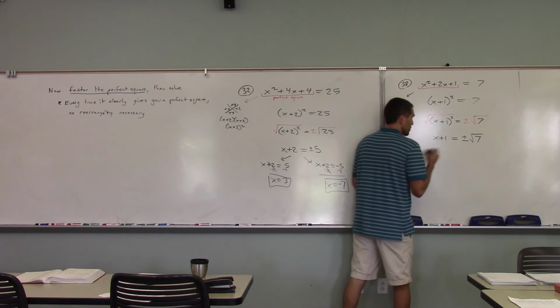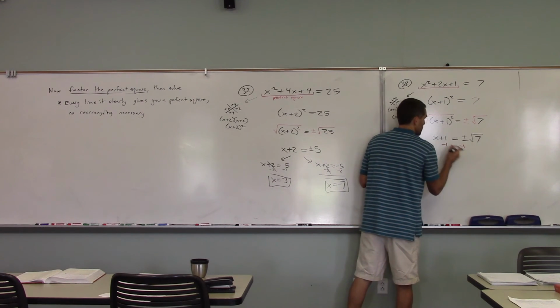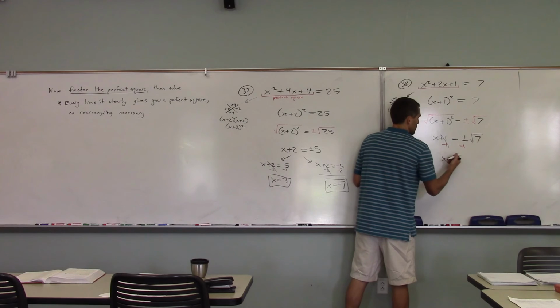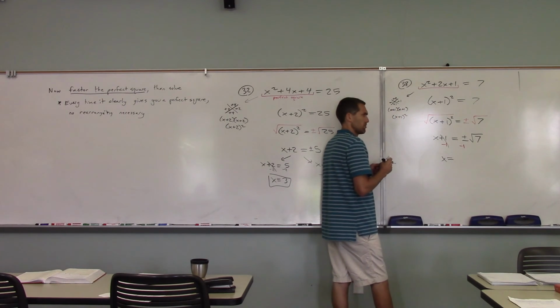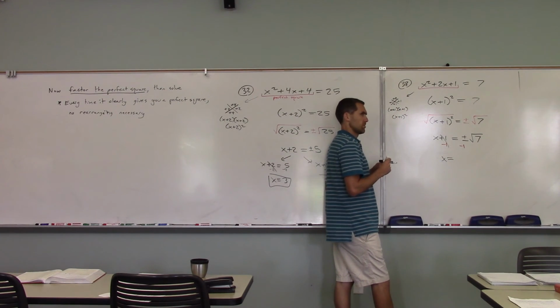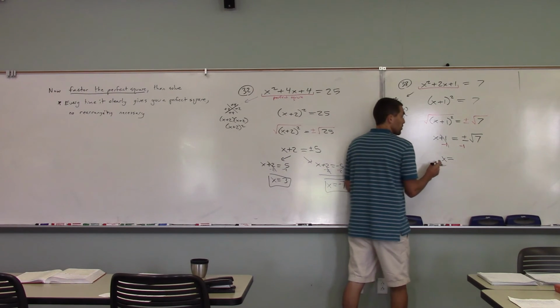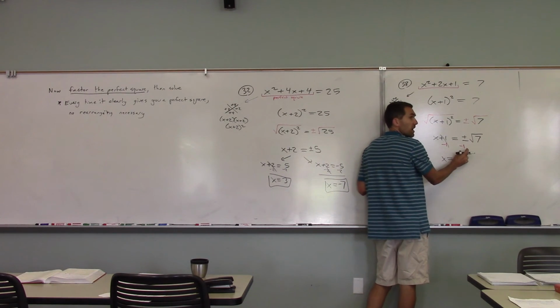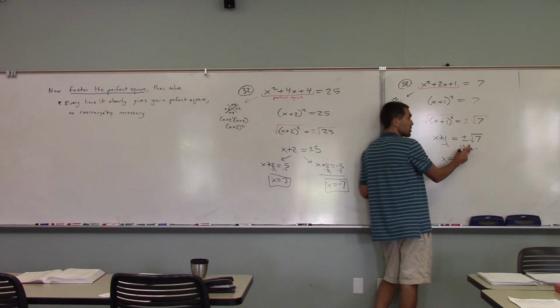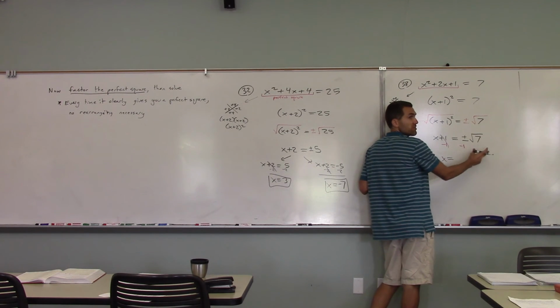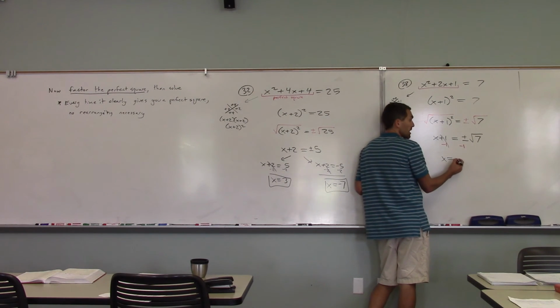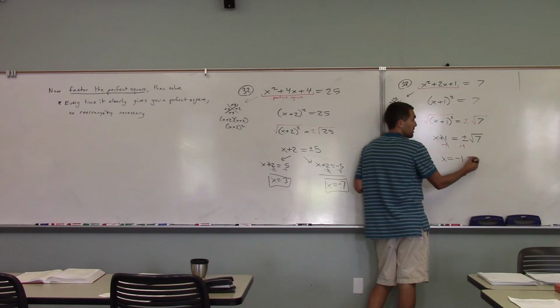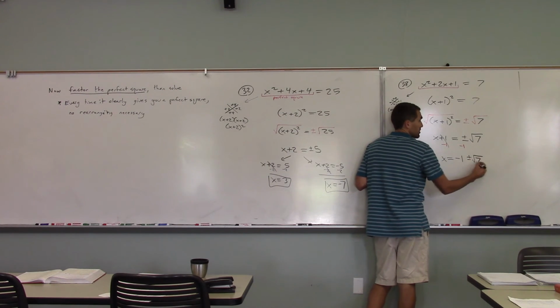Yeah, okay, minus 1. What do we get? X equals minus 1 plus or minus root 7. So since we can't combine whole integers with square roots, we would just leave them separate. We would write that minus 1 and then say plus or minus square root of 7.